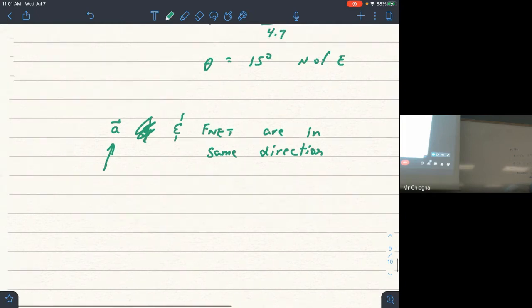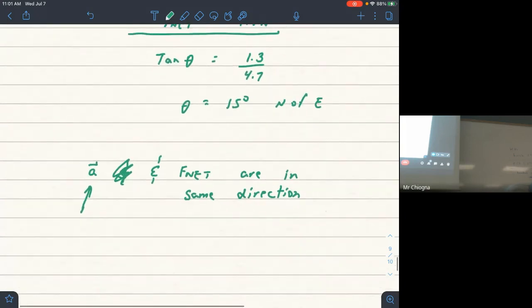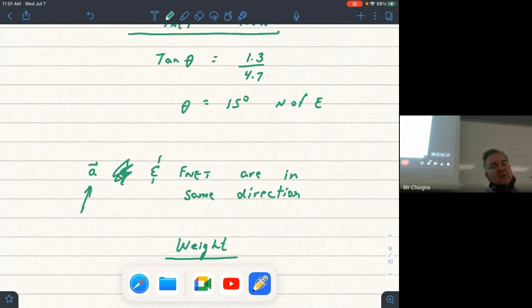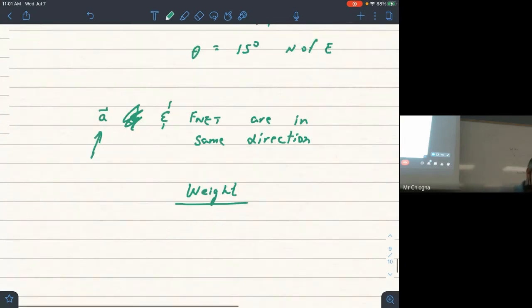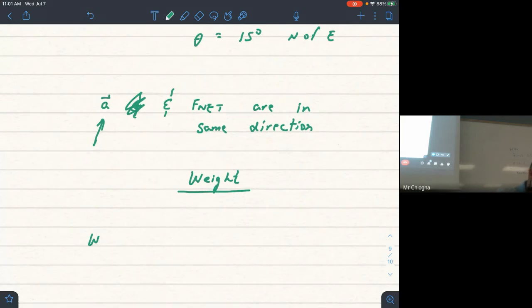Weight. It's not measured in kilograms. That's the measurement for mass. Weight is the force due to gravity.